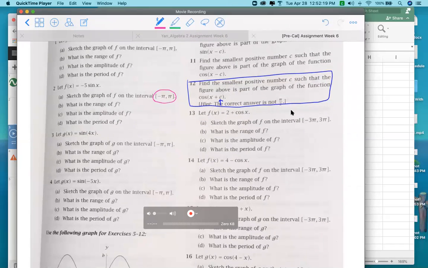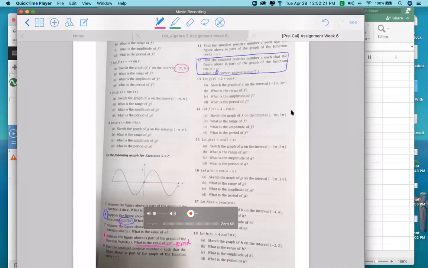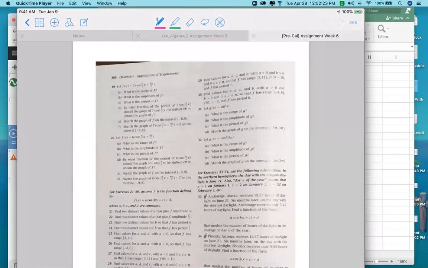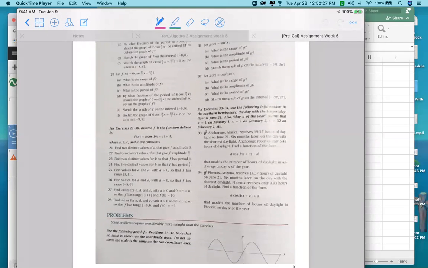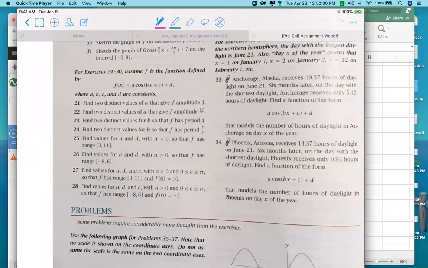So this is your homework assignment. Again, it goes all the way to number 32 even. For Wednesday's homework, you have to do numbers 22 to 32 even.